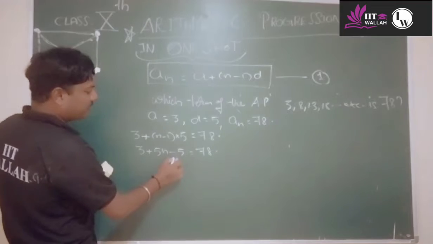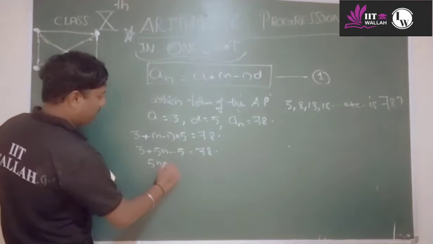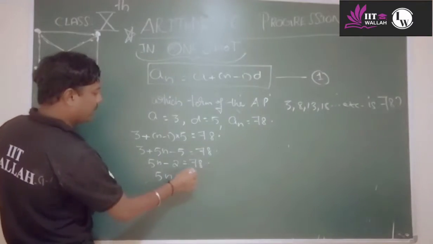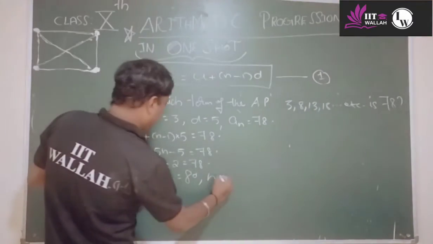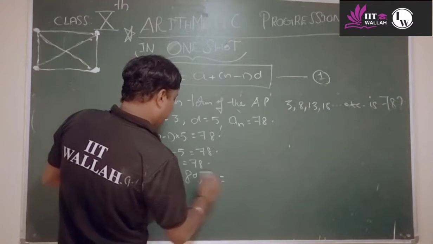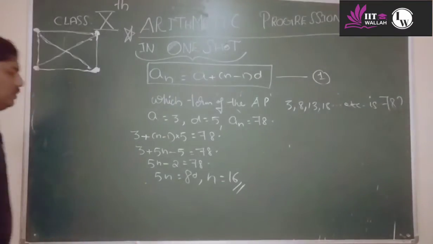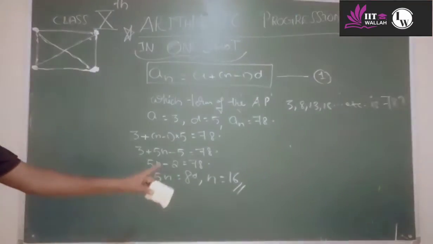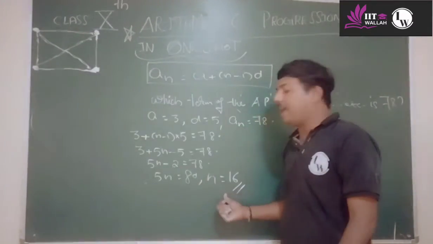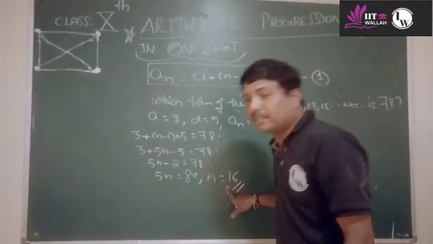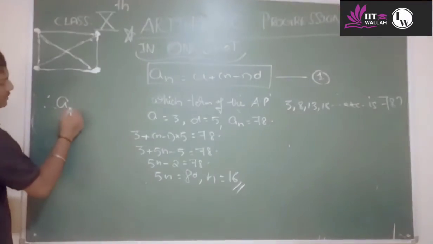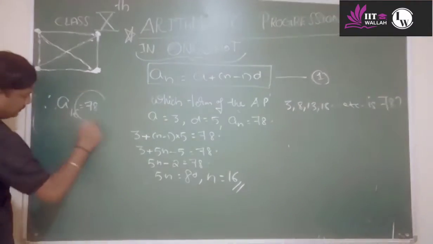So 3 minus 5 is minus 2. 5n minus 2 is equal to 78. 5n is equal to 78 plus 2, 80. Therefore, n is equal to 80 by 5 is 16. Okay, so we got number of terms n. That means the 16th term is 78. So, therefore, a16 is equal to 78.